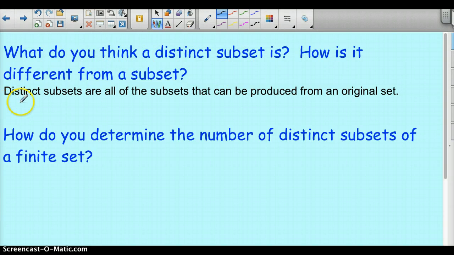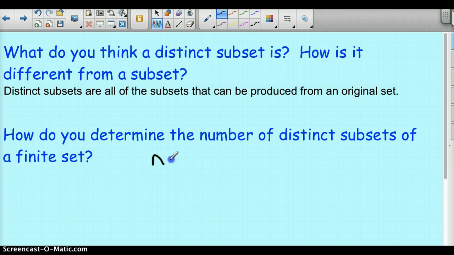So our definition here says distinct subsets are all of the subsets that can be produced from an original set. So they are subsets, but it's all of them that you can possibly produce from an original set. Now there's a formula that helps you to determine the number of distinct subsets that can be produced from a set.